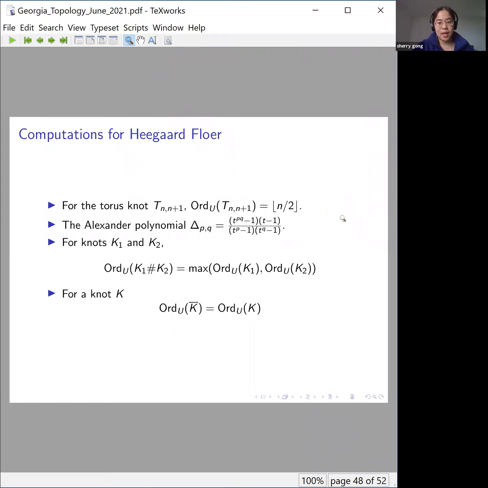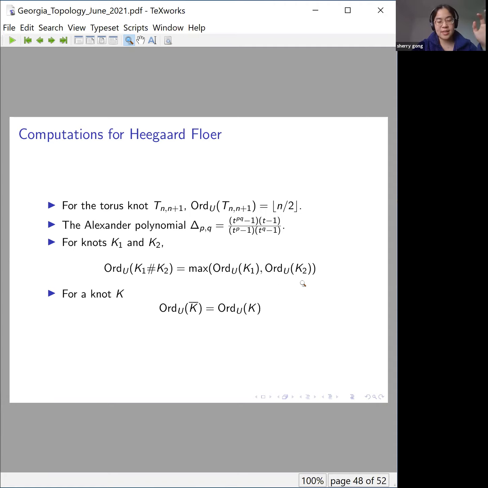And you can also compute the torsion order of connected sums. It's the maximum of the torsion order of each knot. And then the torsion order of the mirror is the same as the torsion order of a knot.